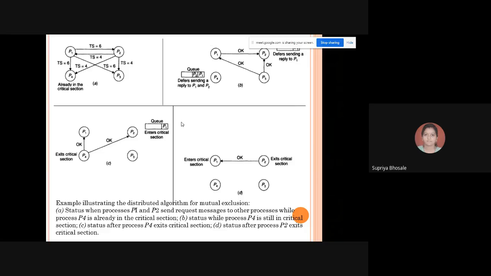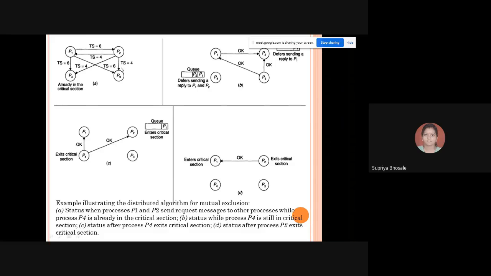There are 4 processes, P1, P2, P3 and P4. दिसतात ना व्यवस्थित सगळ्यांना? Okay. So here we will consider that this particular P4 is already in the critical section, and processes P1 and P2 want to enter. Hope all of you are on diagram A.